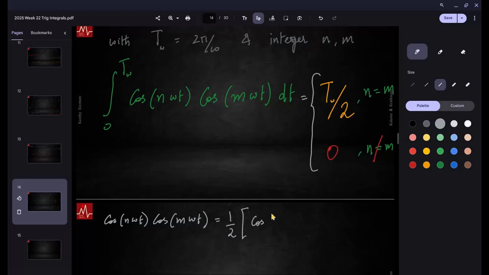So cos of m plus n omega t plus cos of n minus m omega t.